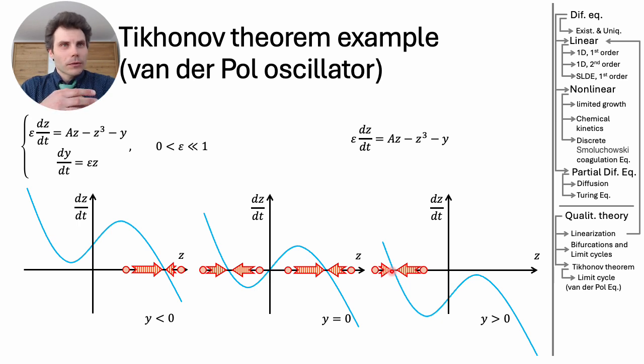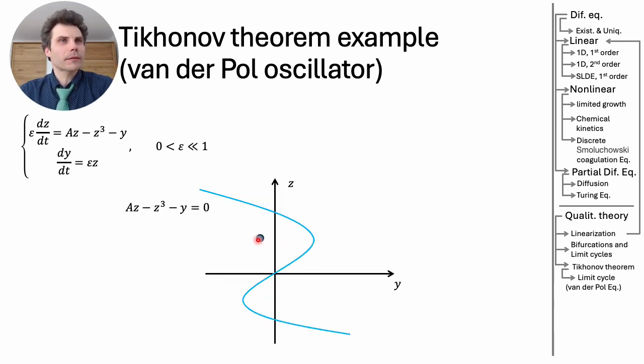Now, okay, so we understand that if y is constant, z can be placed somewhere, and then its behavior will be dictated by this curve and the stability of the corresponding roots. Return back to the entire system.